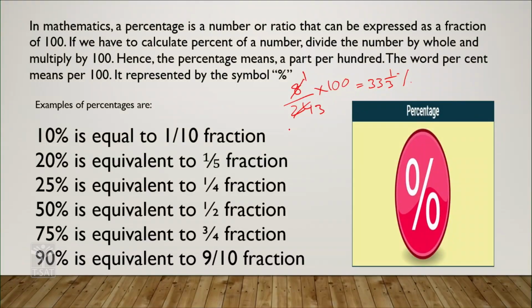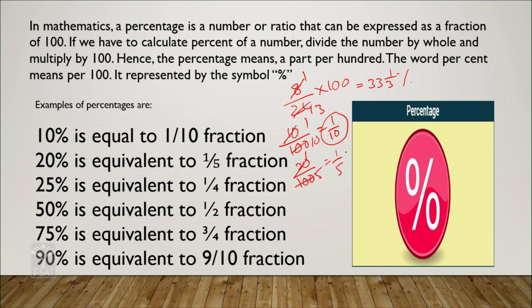Clear? Okay, 10% is equal to 10 by 100. Just now I said 10% means 10 by 100. 10 ones are 10, 10 tens are 100, so it is 1 by 10 fraction. Clear? 20% means 20 by 100. 20 ones are 20, 20 fives are 100.